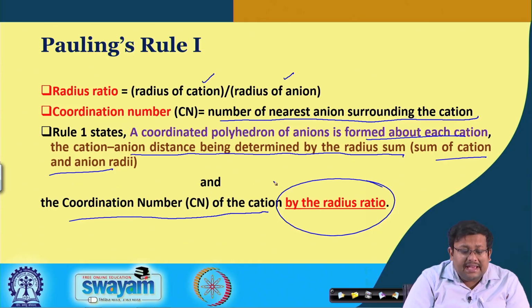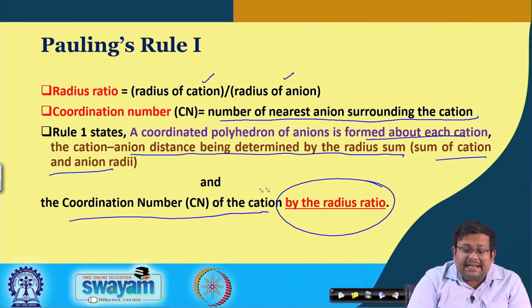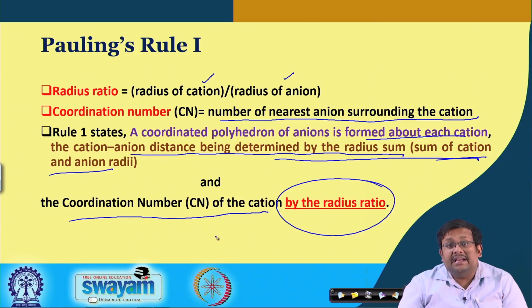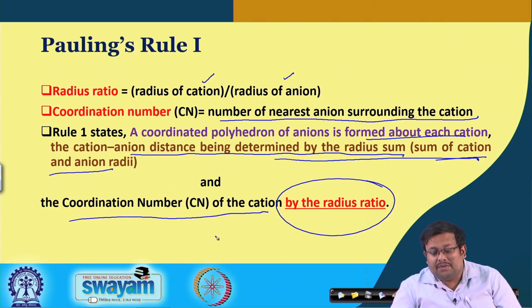Again, a coordinated polyhedron of anions is formed about each cation, and the coordination number, which is the number of nearest anions surrounding the cation, is governed by the radius ratio. What does it actually mean?